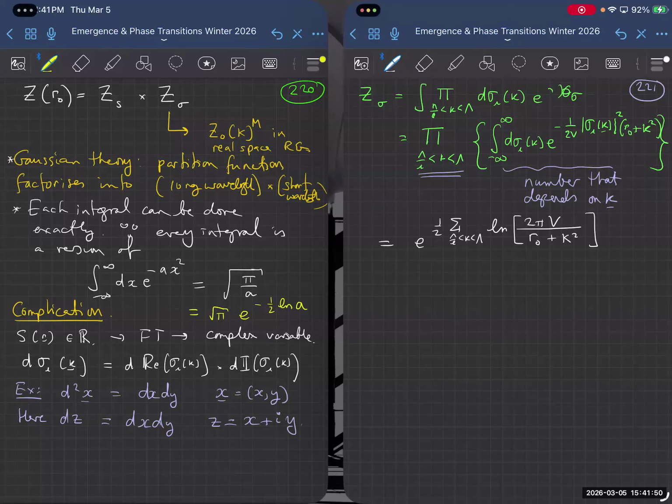And that just comes from what I did on the left-hand side. Treating sigma of k and k as independent variables, because sigma of k is some polynomial of k.